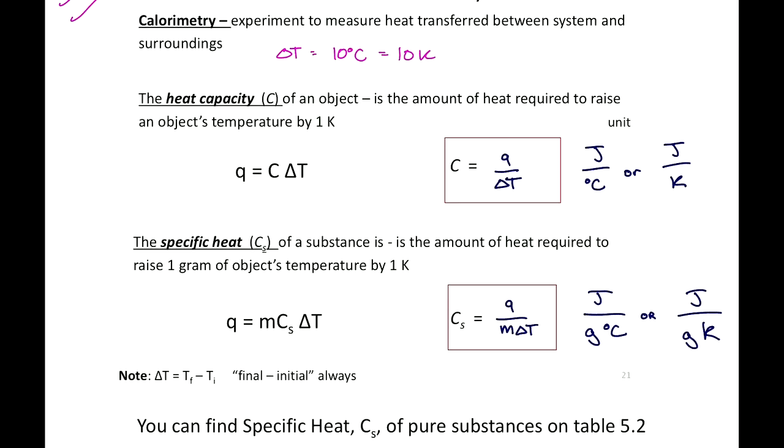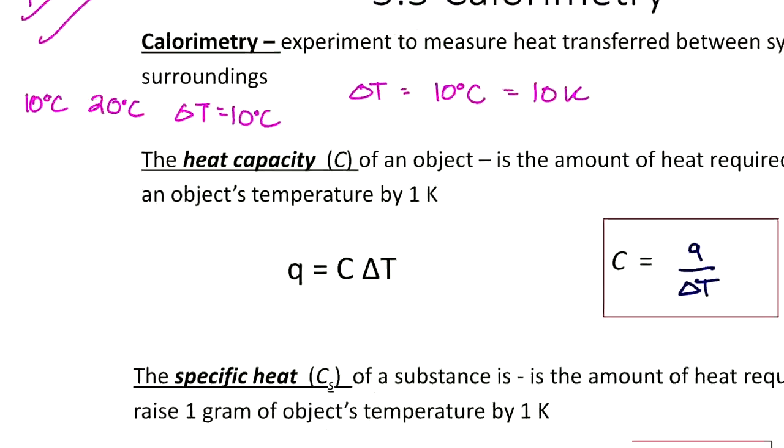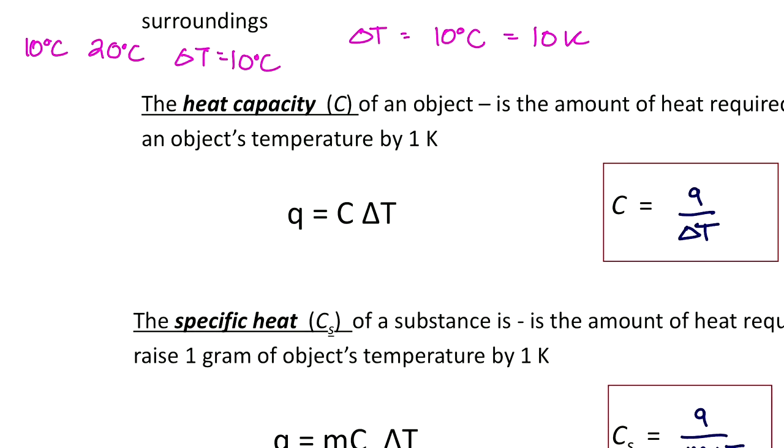So if something goes from 10 degrees to 20 degrees Celsius, what's delta T? 10, yes, okay, good. So 20 minus 10. Okay, what is 10 degrees Celsius in Kelvin? 283 Kelvin. What's 20 degrees in Kelvin? 293 Kelvin.